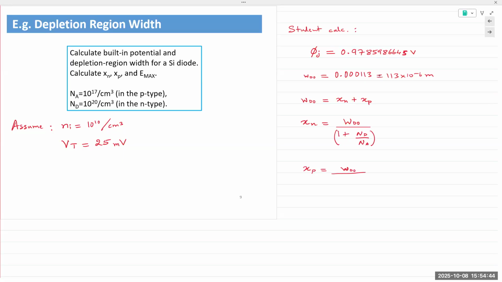Xp is WD0 over 1 plus NA over ND. Okay, NA over ND. And Emax is 2 times phi j over WD0. Okay.